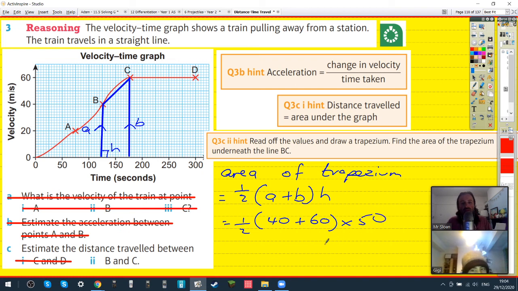Yeah. You can calculate that. $2,500. Yeah. And I think it's going to say 2.5 kilometers.